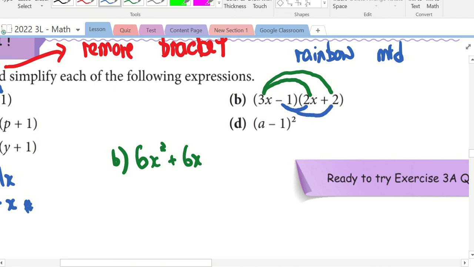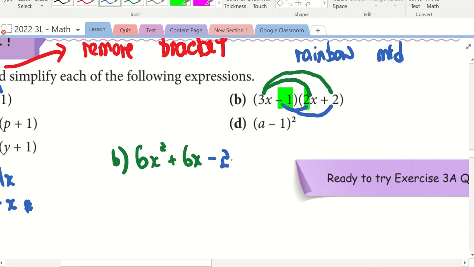Okay, so Lihin, help me. Negative 1 multiplied by 2x. What do you get? Number times number first. Negative 2. So I write down negative 2. Is there an x there?